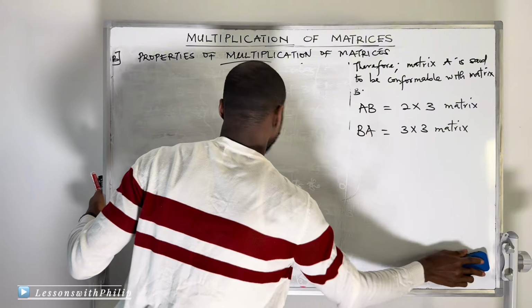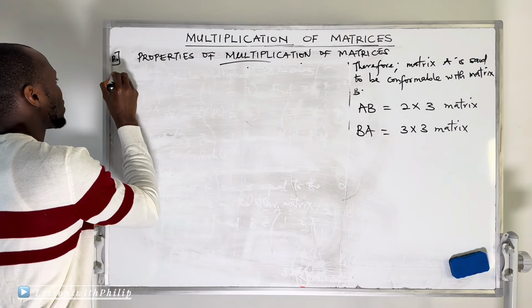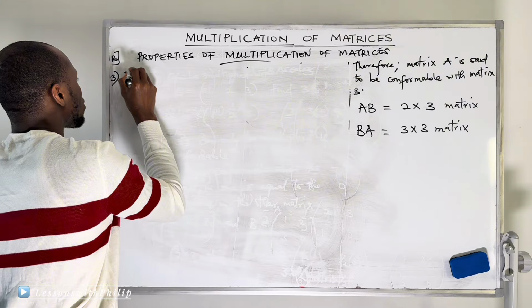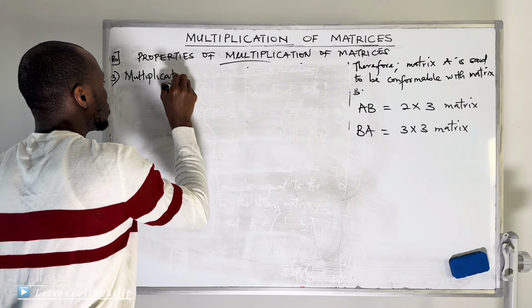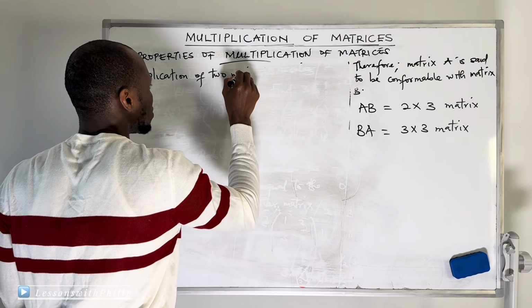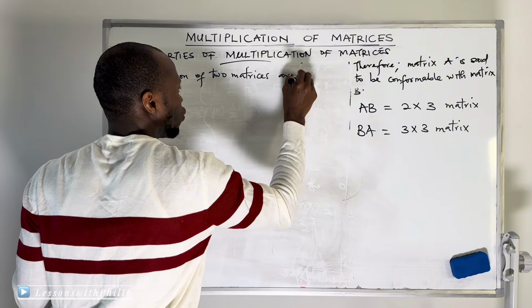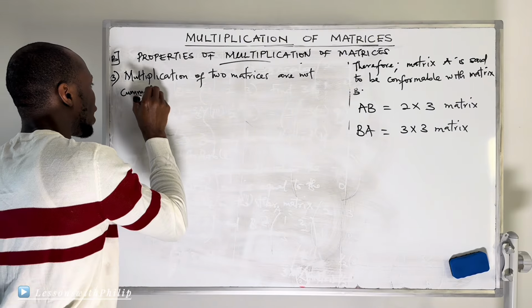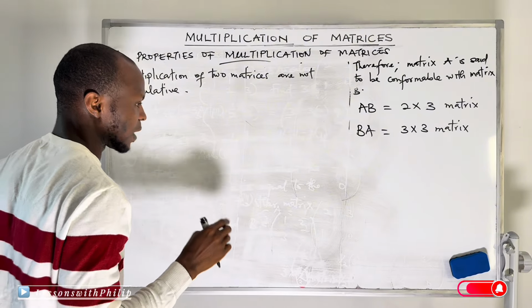All right. Now, the third principle of matrix: multiplication of two matrices is not commutative. All right?